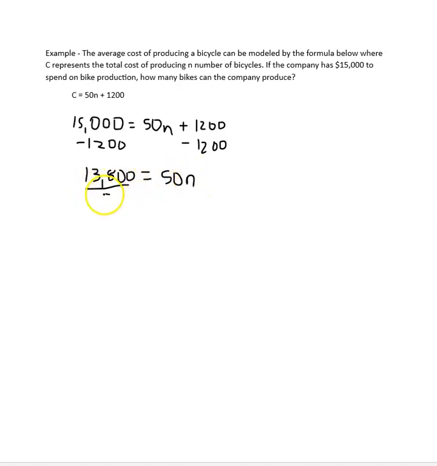Divide both sides by 50. And we get that 276 is equal to N. So this tells us that with $15,000, a company could produce 276 bicycles.